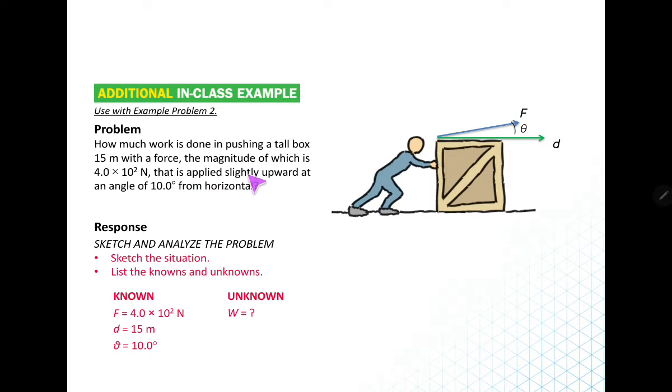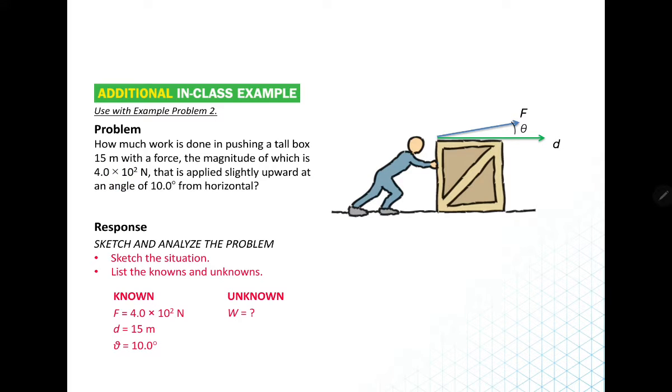Here we have the angle equal to 10 degree, so the angle between the force and the distance is equal to 10 degree. The known in this question is F equal to 4 times 10 square Newton, which represents the force.